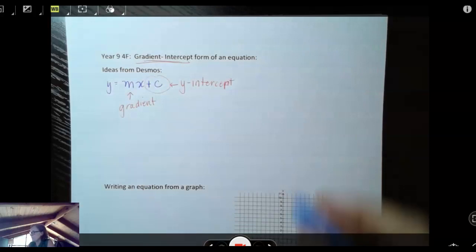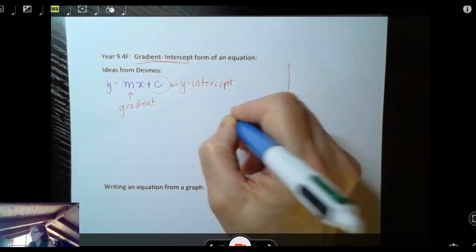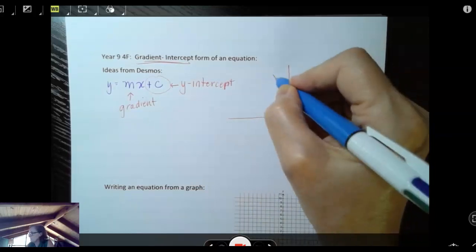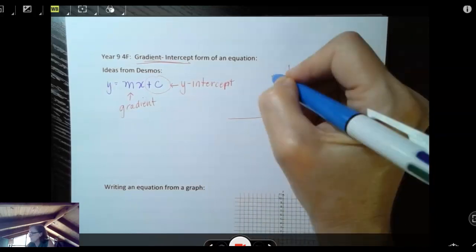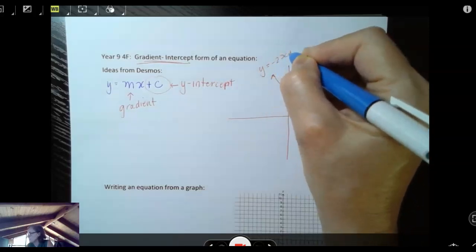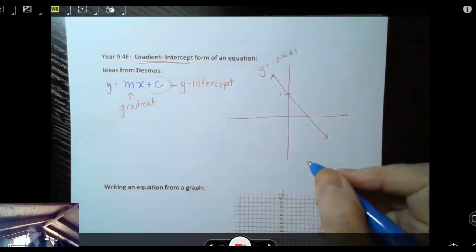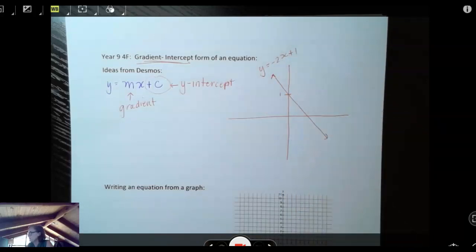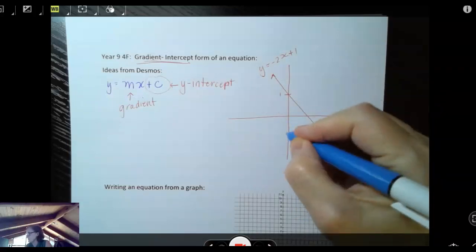So we did a couple things on Desmos. I'm just going to quick jot them down. We did equations that had a negative gradient. I think this one was y equals negative 2x plus 1, something like that. And then we did something with a positive gradient. I can't really remember what it was, girls, so forgive me if I write something different.